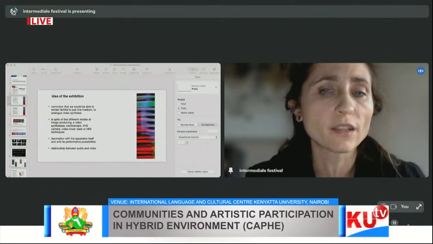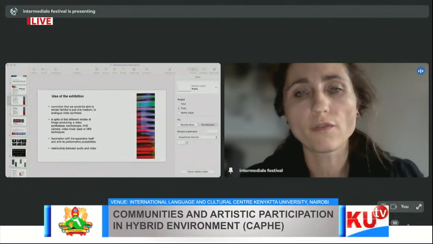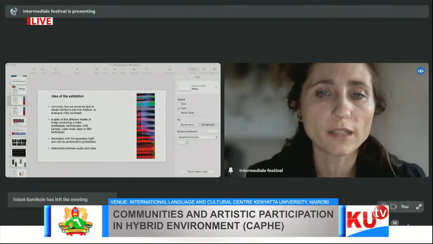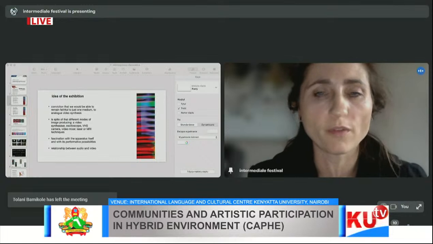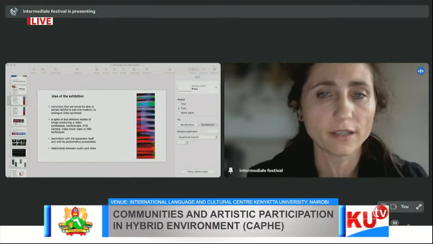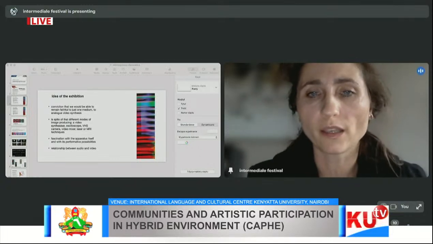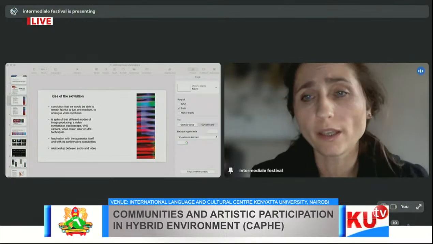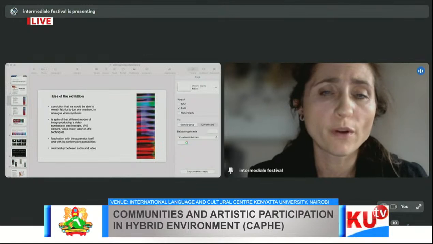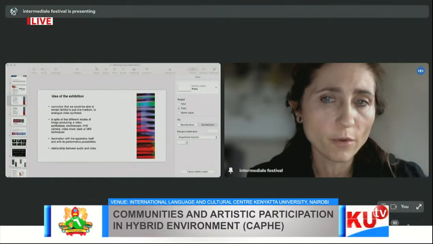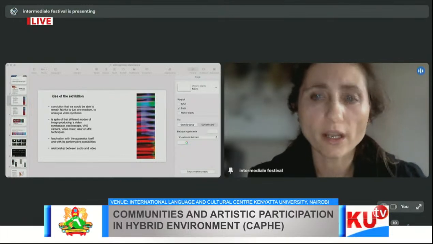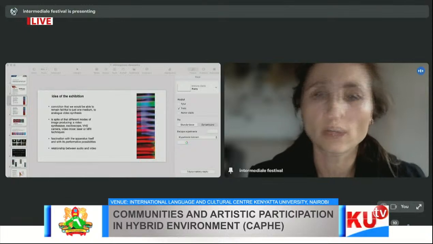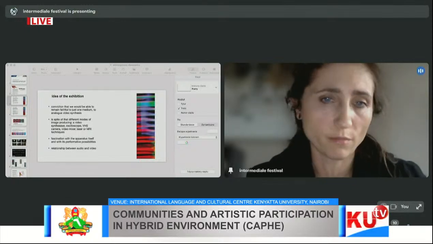So the materiality of the machine, of the video modulars, is very important, because they perform it with knobs and sliders and all the materiality of the machine. So the idea of hybridity here is also the idea of performativity, in the sense of live performance and interaction with sound and image and between the man and the machine.